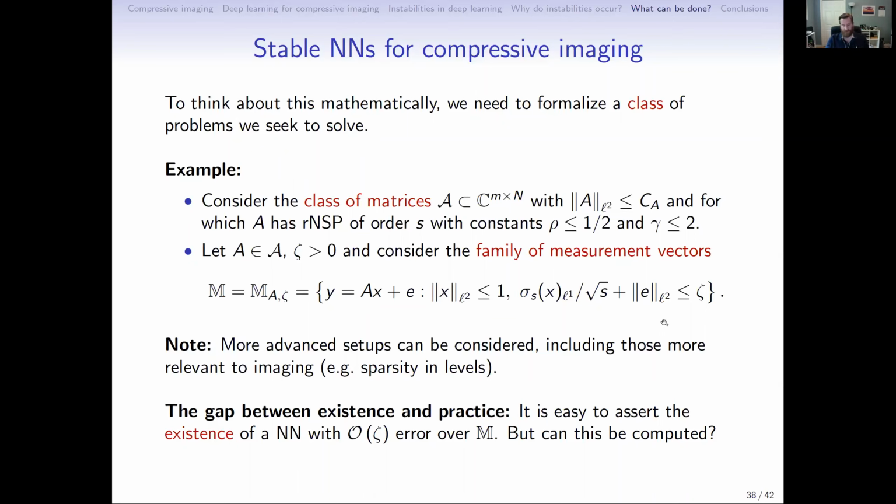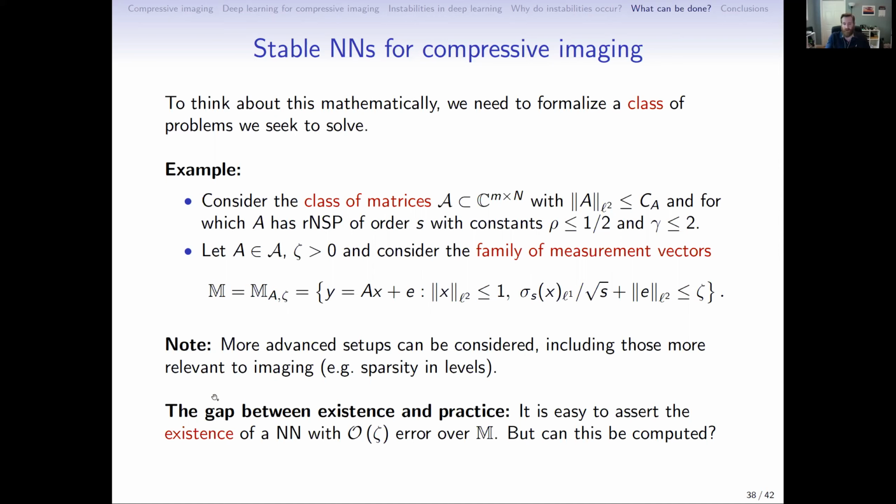Okay, so I should say here you can consider a lot more advanced setups than this. You can consider things more relevant to imaging, like structured sparsity models. But just to keep it simple, this is what I'll talk about. So the idea is we know that for this problem with compressed sensing, we can achieve an order zeta error here.